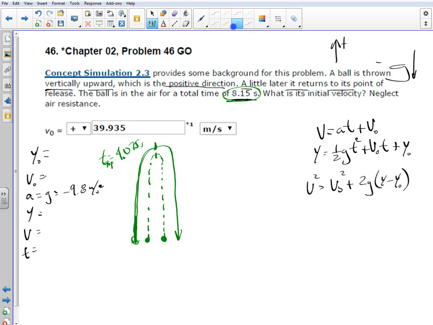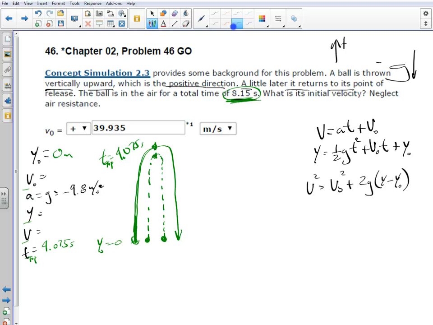So the time to the top is now 4.075 seconds, half of this total time in the air. I'm going to assume I start at a height of 0. Now, think about it. You're looking at it, you're going, oh, but I got three things that I don't know. Wait a second.